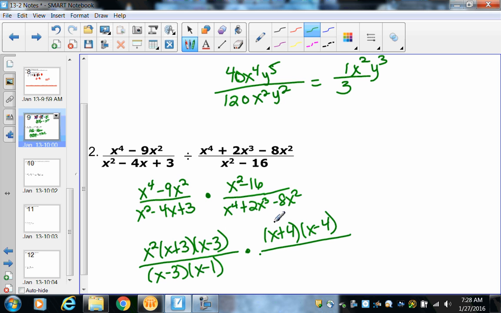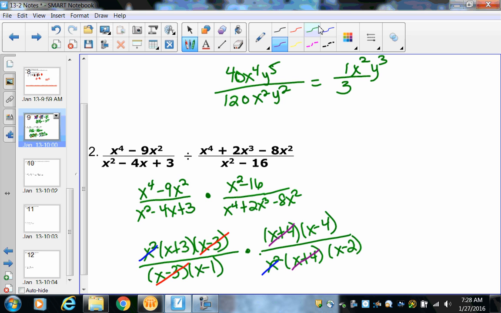X to the fourth plus 2x to the third minus 8x squared is going to factor to x squared times x plus 4 and x minus 2. Cancel what's on the top and on the bottom, so we can cancel this x squared with this x squared. We can cancel the x minus 3 with x minus 3. We can cancel x plus 4 with x plus 4.